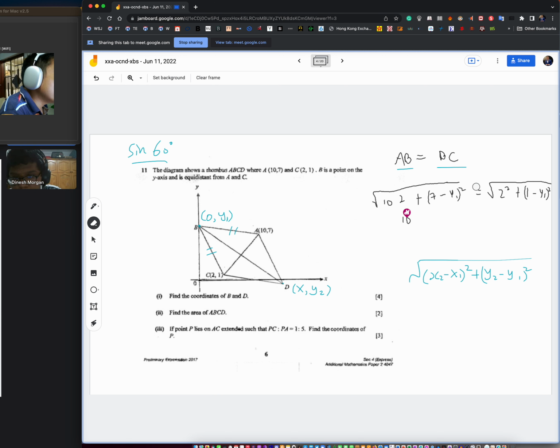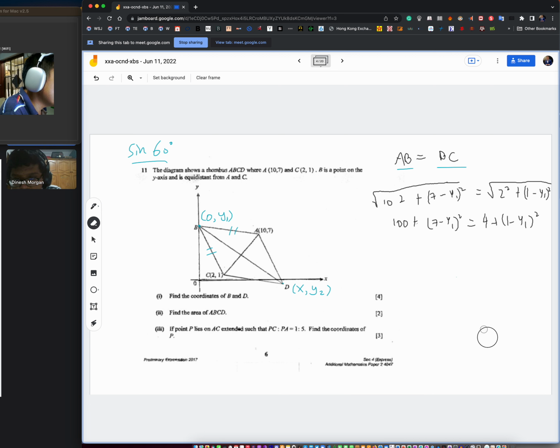Okay, then you can get rid of the square root. I think you end up with a quadratic equation. Okay.